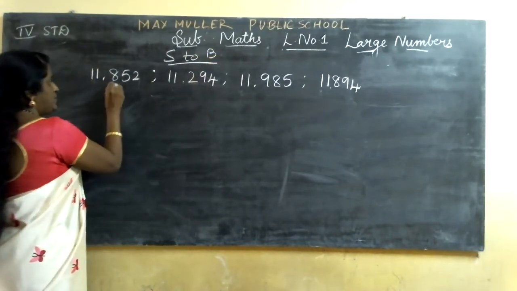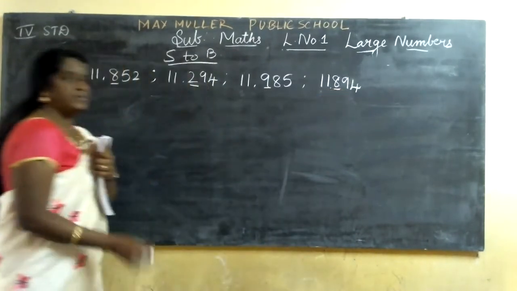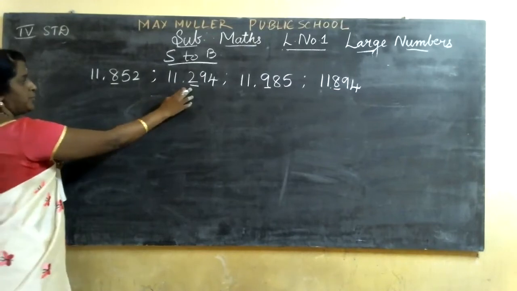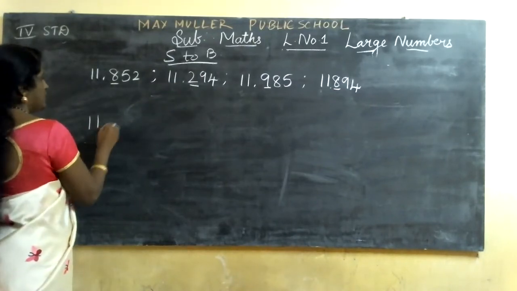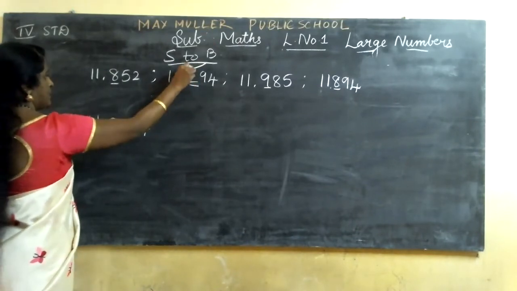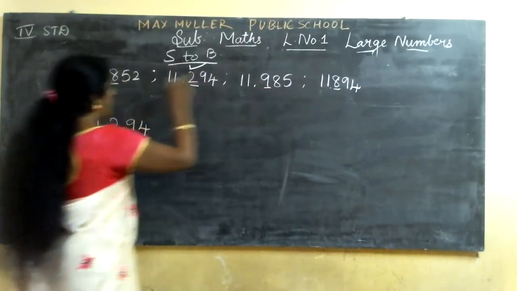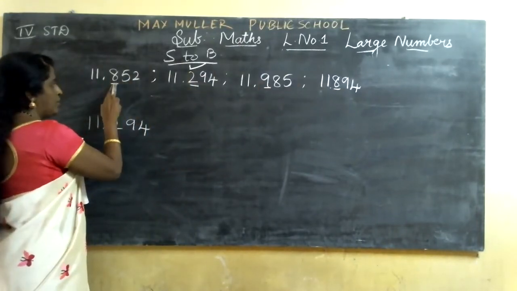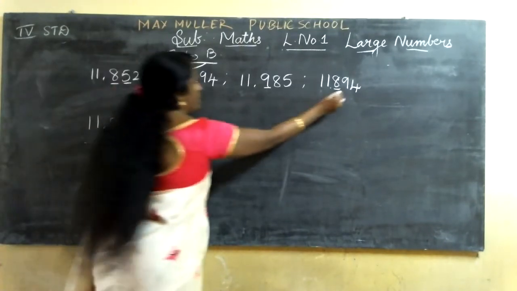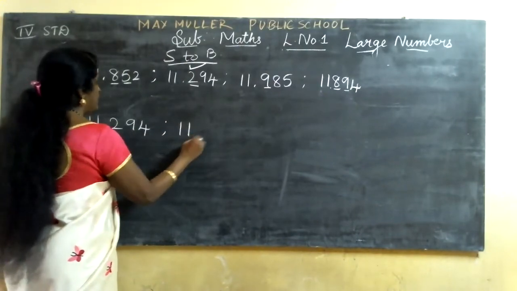Next is 8, 2, 9, 8. So small to big. In this, which is small? 2 is small. 11,294. So you have completed this. Next is 8, 9, 8. Here 9 is big, so 8 is small. 8, 8 same number. So next I will go for 5. Here 9. So I write 5 is small. 11,852.